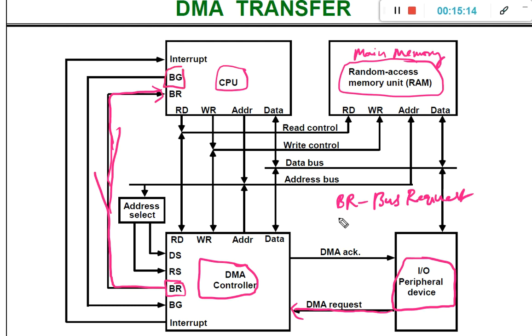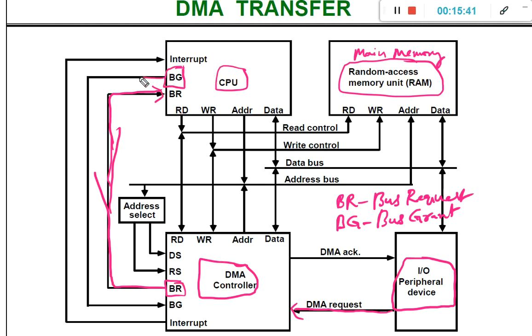BG means bus grant. Once the bus is granted, the CPU is going to relinquish all the buses, and it will be in high impedance state. High impedance state means it will be an open circuit, so it is not going to perform any transmissions with the buses.